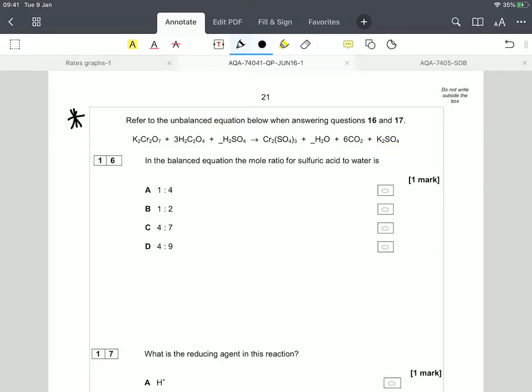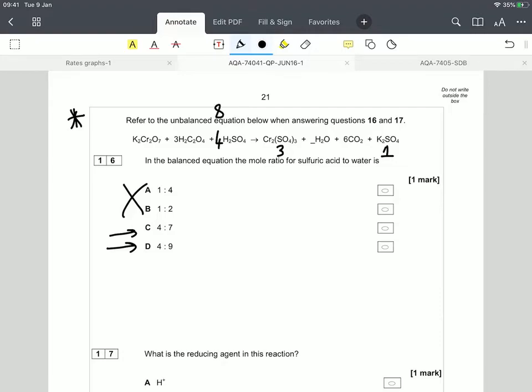If we're literally just looking at the sulfur, 3 moles of S there, hopefully you understand why, because there's a subscript 3 for the sulfate ion, 1 mole of S there, which means that number needs to be 4, because 3 plus 1 equals 4, and there's nothing else on the left hand side that contains sulfur. Straight away then, A and B are wrong, because it's the mole ratio for sulfuric acid to water, so it must be 4 to something.